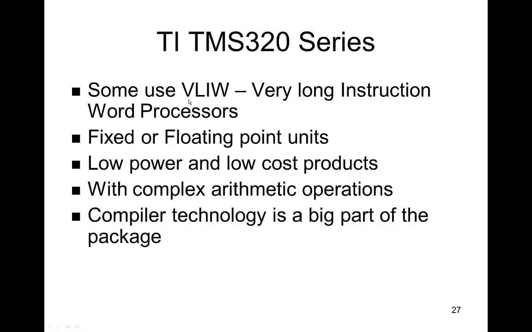Instead of fetching one instruction, let's say one 32-bit instruction with an opcode and all the registers, you're going to fetch maybe 8 instructions all at the same time. So it'll literally be 8 times 32, or 256 bits of instruction that you get in a single cycle.